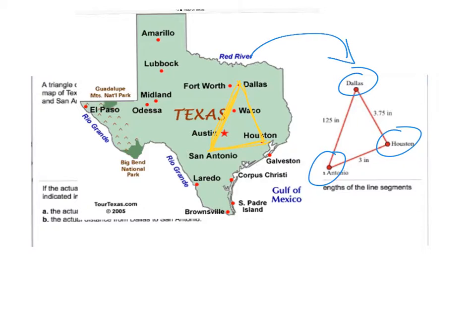So what they're trying to tell you with this red triangle over here to the side is that on the map, the distance between San Antonio and Houston is 3 inches. But that's your scale. On the map, it's only 3 inches apart, but you're going to use that information to figure out how far they are in real life.